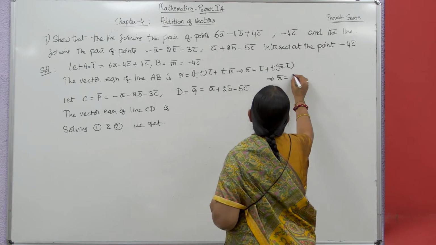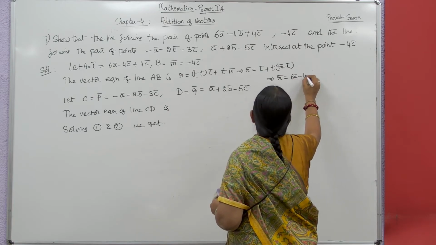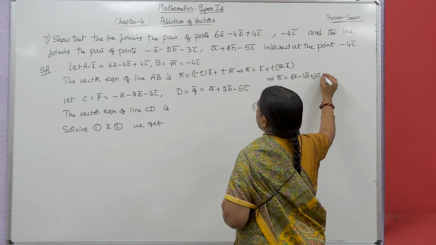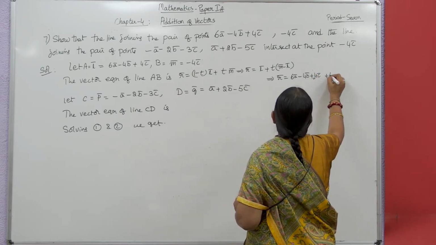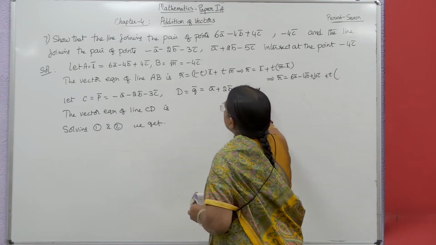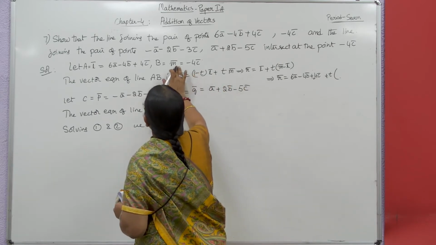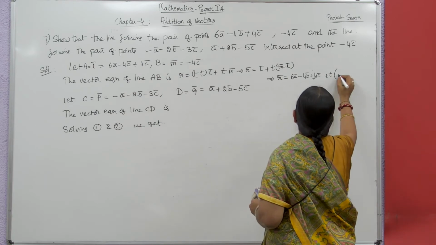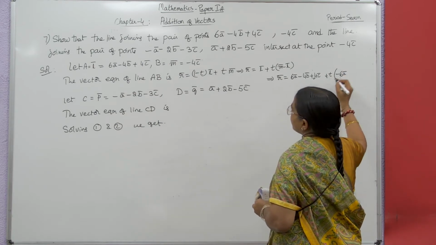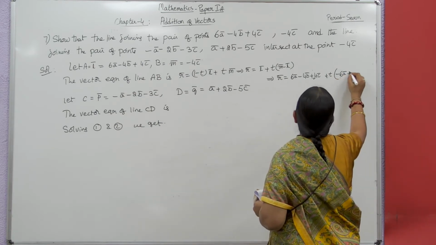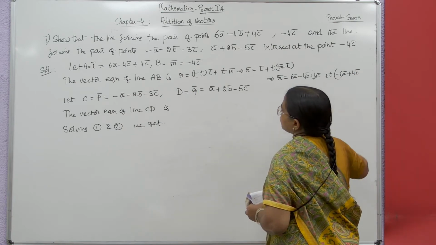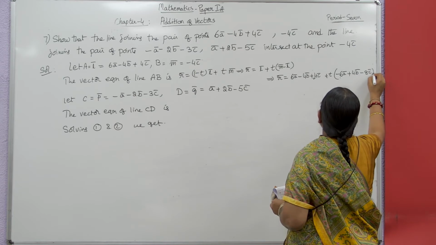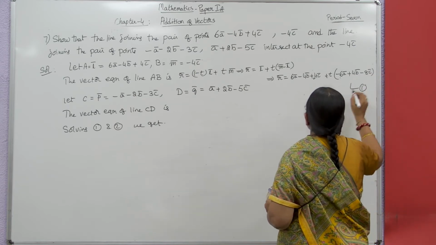L is 6A minus 4B plus 4C, plus T into M minus L. This minus this, so it is minus 6A plus 4B minus 8C. So this is equation 1.